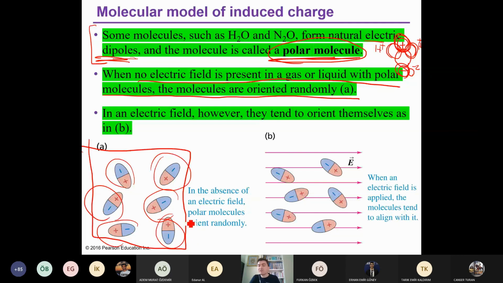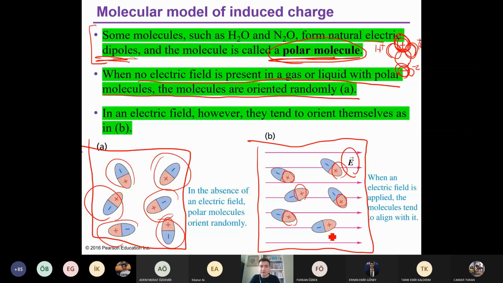Whenever we apply an electric field, the polar molecules are oriented along the electric field. Okay, now what do you see here? Positive sides and negative sides are aligned along the electric field. So in an electric field, they tend to orient themselves as in this picture B I have explained. Okay, this is the polarization.